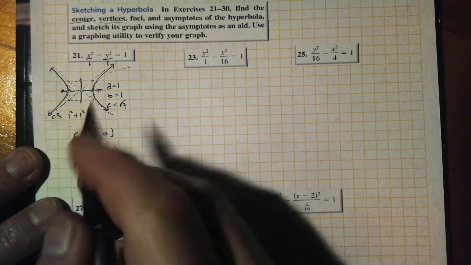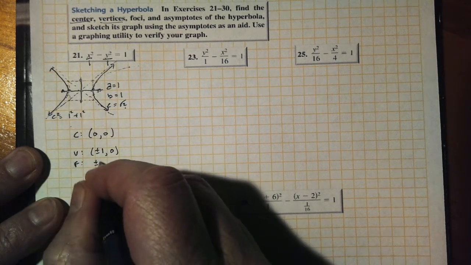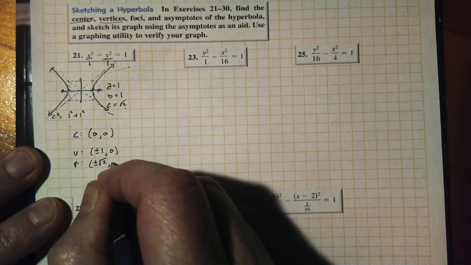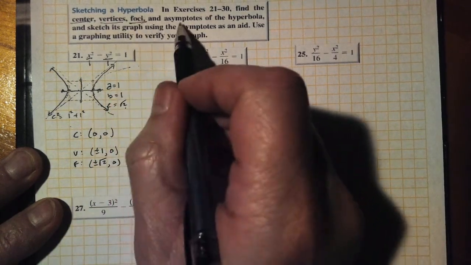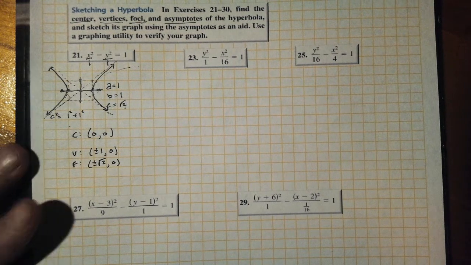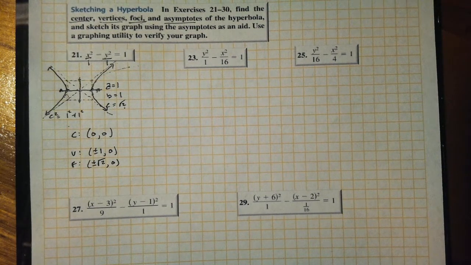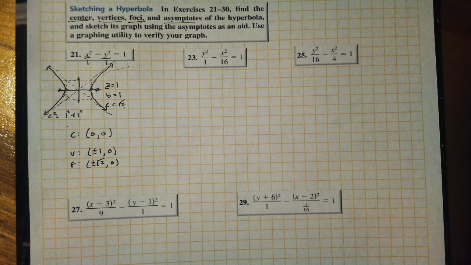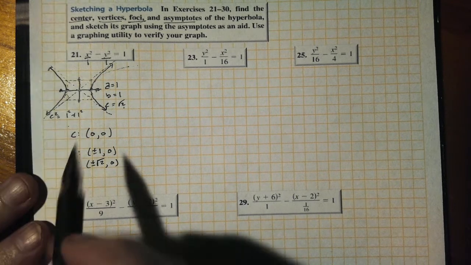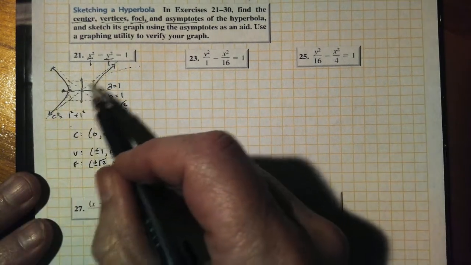Square root of 2 to the right, square root of 2 to the left. We don't always get to abbreviate that. Up 0. And the equations of the asymptotes, if you got the notes from the book, are going to put this in y equals form. I don't like it. I like it in point slope formula. And of course we're passing through 0, 0.